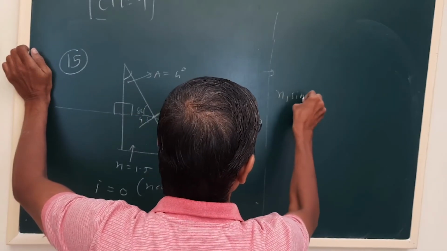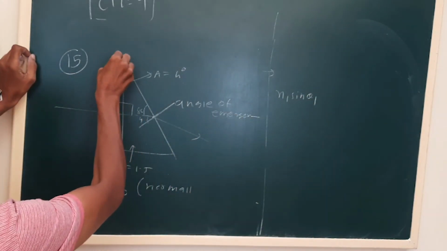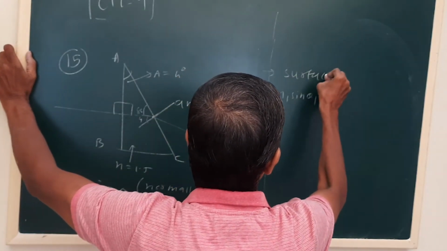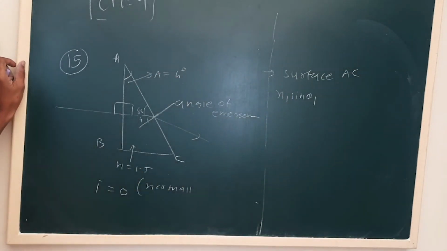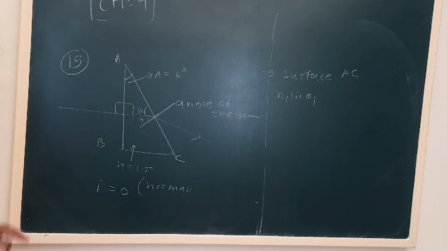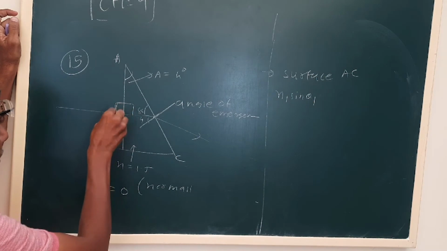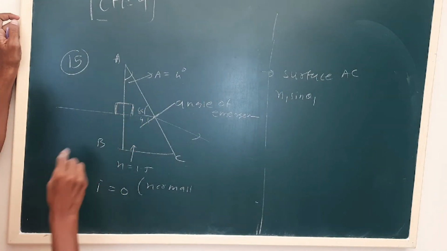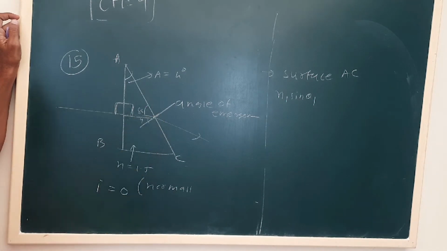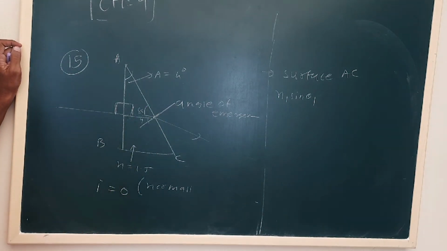n1 sin theta 1. Let us say A, B, and C surface. For surface AC, we use Snell's law. Now, how have we calculated that this angle is 4 degree? This is normal, 90 degrees, so this also will be 90 degree. This is 4. In this triangle, this angle will be 86, so naturally this will be 4.